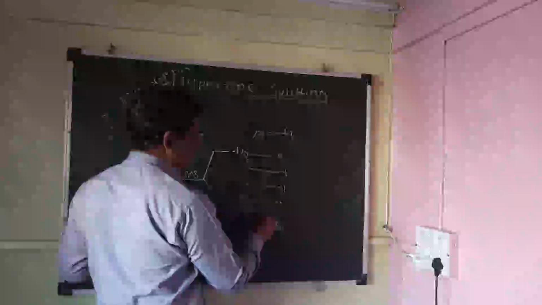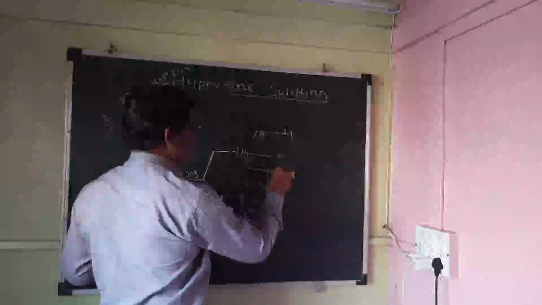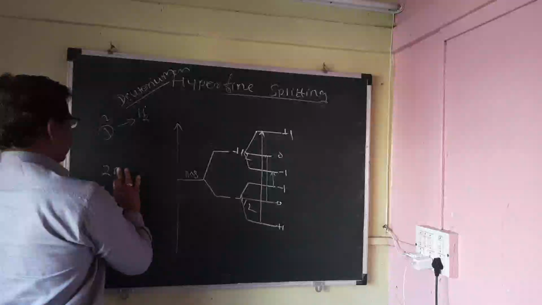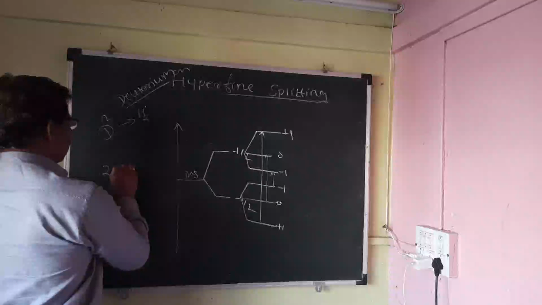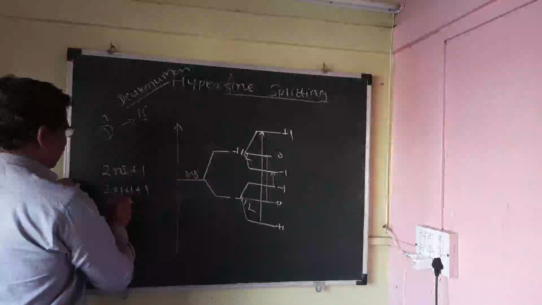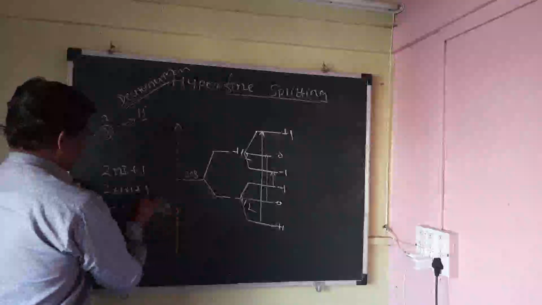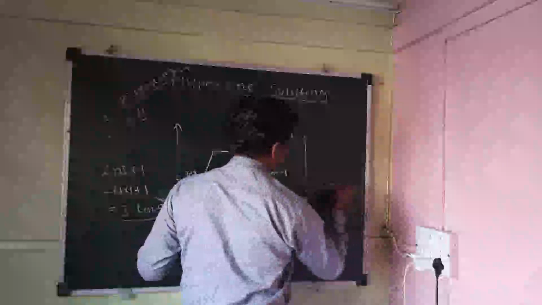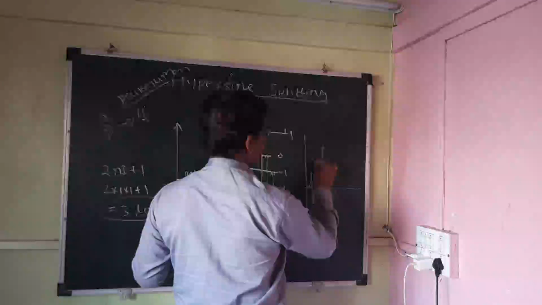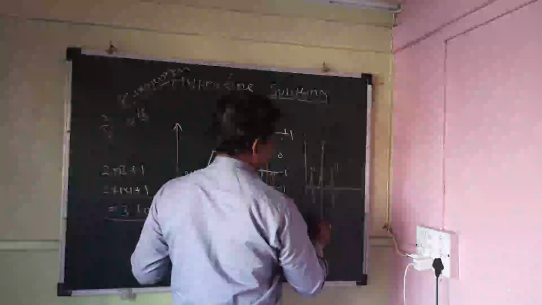These 3 orientations: plus 1 to plus 1 gives one line, 0 to 0 gives the second line, and minus 1 to minus 1 gives the third line. For 3 lines with spin I, 2nI plus 1 with n the number of nuclei: 2 times 1 times 1 plus 1 means a total of 3 lines. 3 lines are obtained for the deuterium spectrum: plus 1, 0, minus 1.